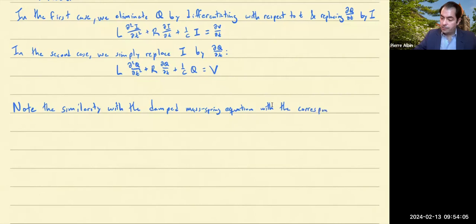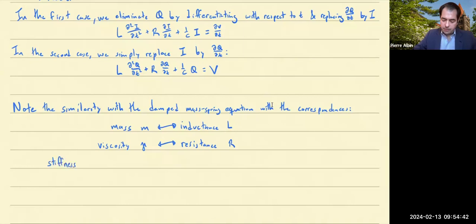with the correspondences: where before we had mass, given by M, here we have inductance given by L. Before we had viscosity, gamma, and now we have resistance, R. Before we had the stiffness of the spring, K, and now we have the reciprocal of capacitance.